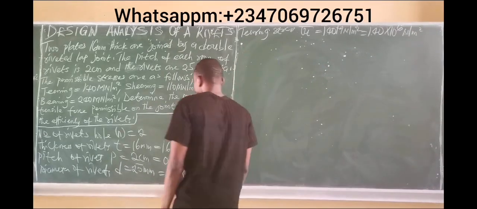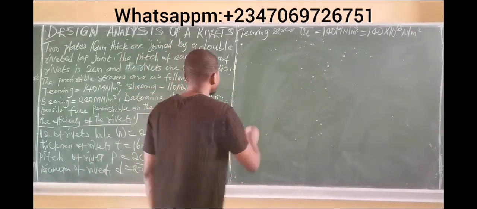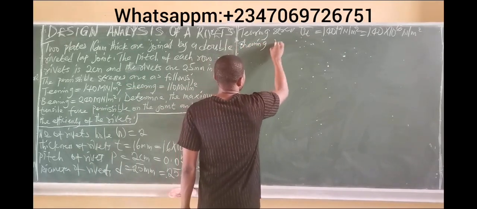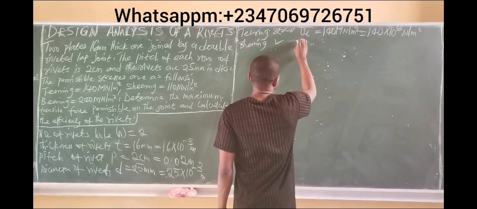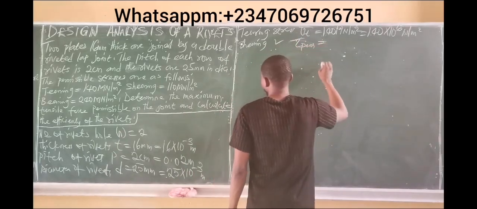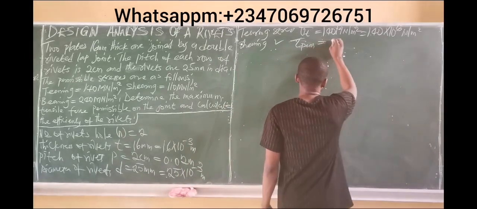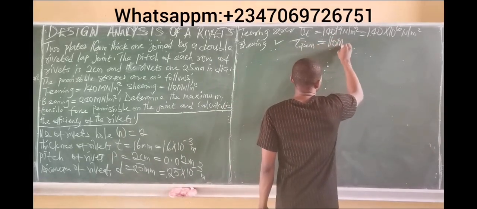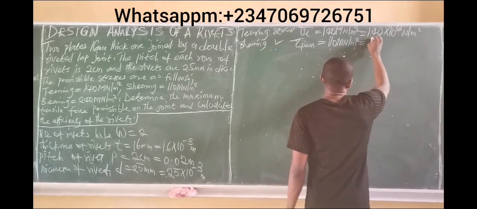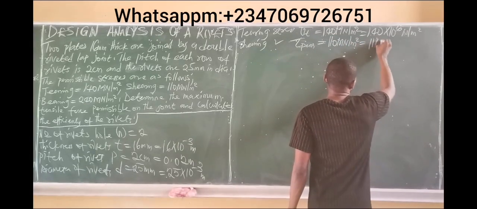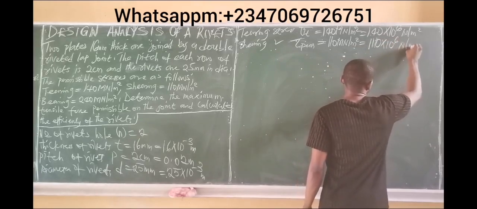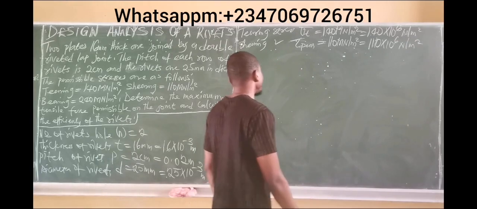That's the tearing stress. The next is the shearing stress. Shearing stress was given, and that is simply tau, the permissible shear stress, given as 110 meganewtons per meter squared. This can also be written as 110 by 10 to the power of 6 newtons per meter squared.